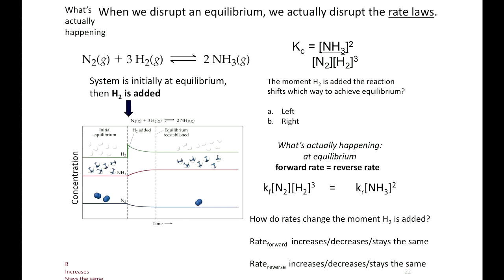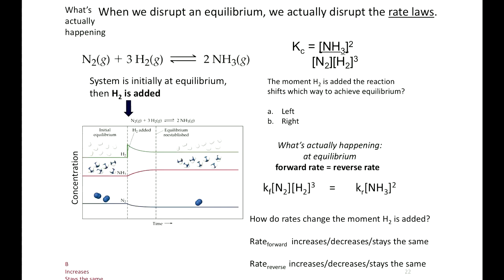But this is what's actually happening when you disrupt an equilibrium. What you actually do is disrupt the rate laws, right? Because remember that a rate law has to do with the reactants and products and those coefficients for elementary reactions. All right, so let's remember that this chemical equilibrium is a fast step in our mechanism.